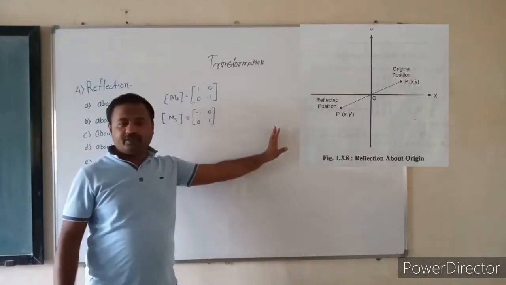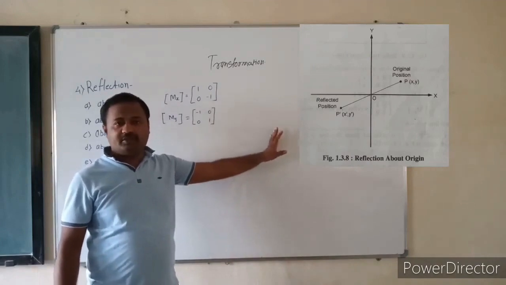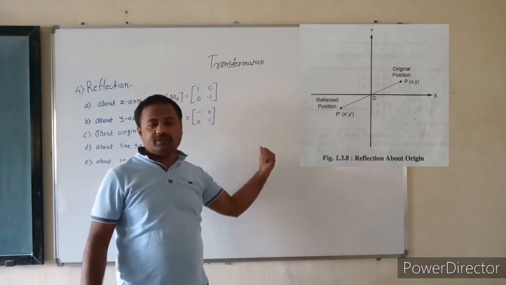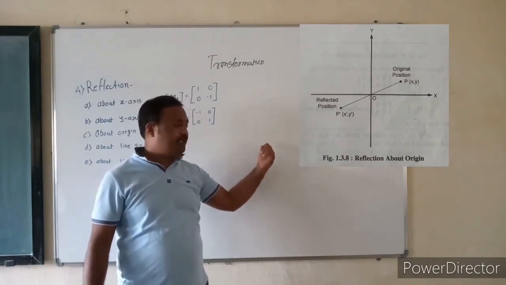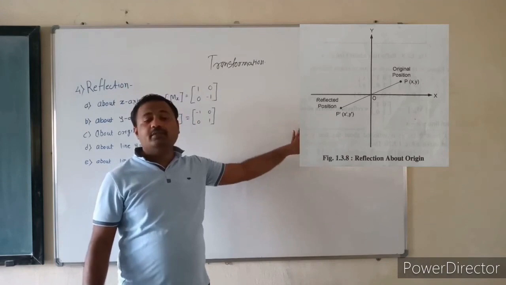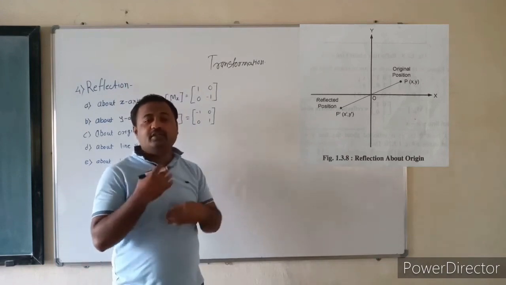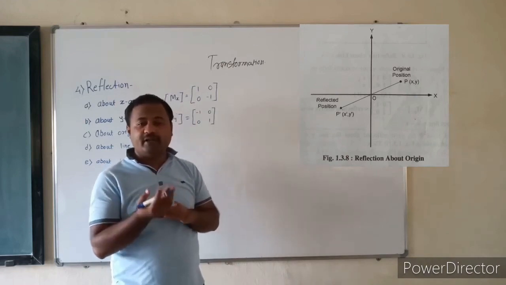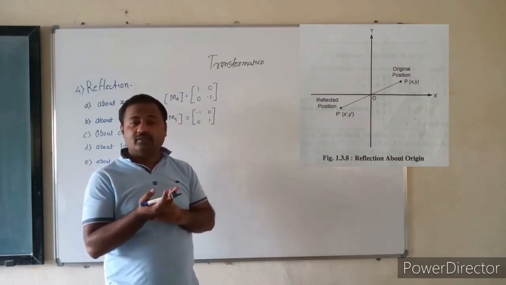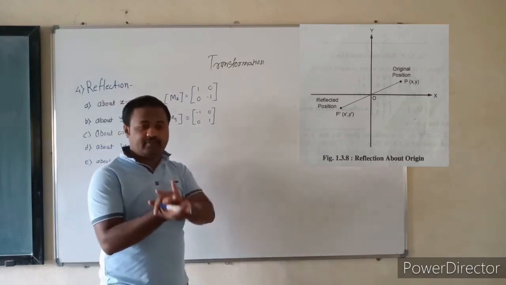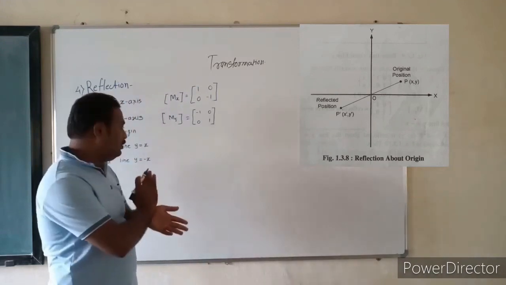Third part is reflection about the origin. In the diagram, we see reflection about the origin. Point P x y is reflected about the origin and we get the point P dash, x1 y1. Then x and y both are negative. In case of reflection about the origin, x and y both are negative.